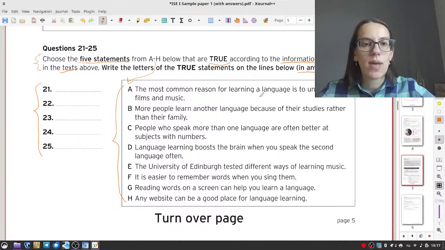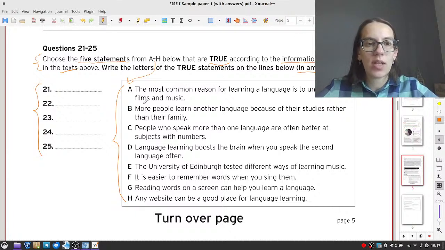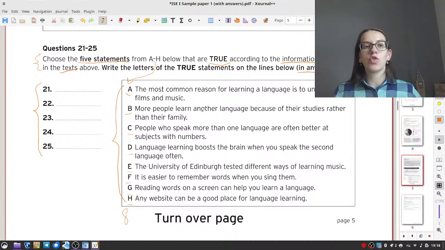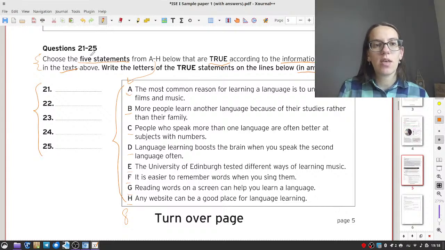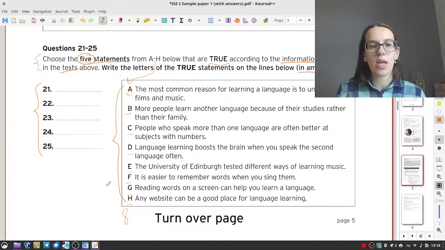So how many statements are there? Well, there's 1, 2, 3, 4, 5, 6, 7, 8 statements. And how many of them are true? Well, we see in the task, choose the 5 statements. So only 5 are true.